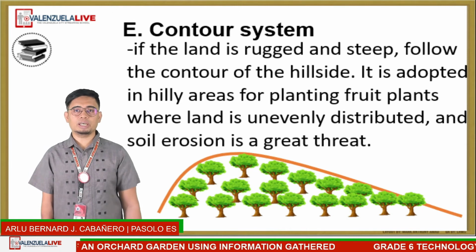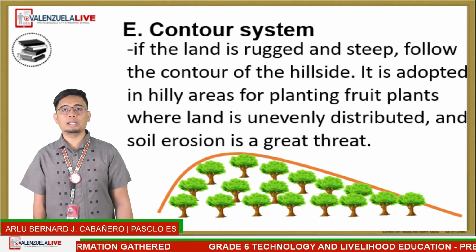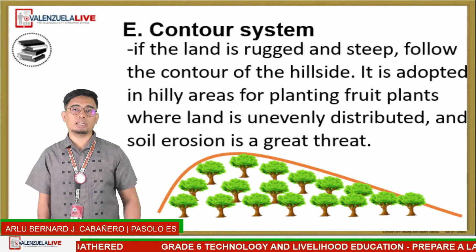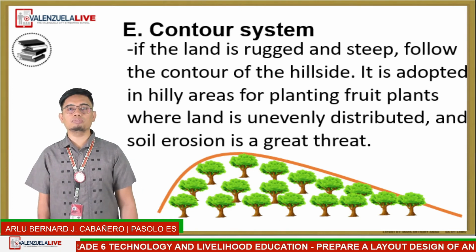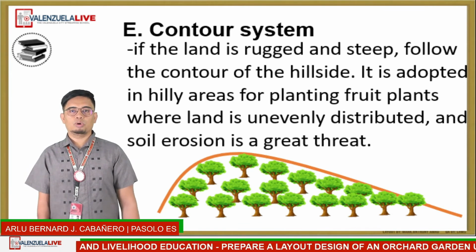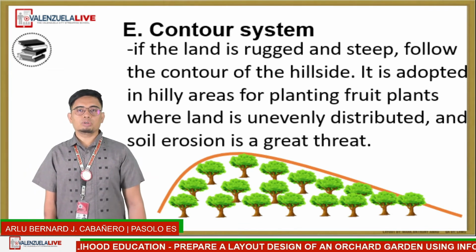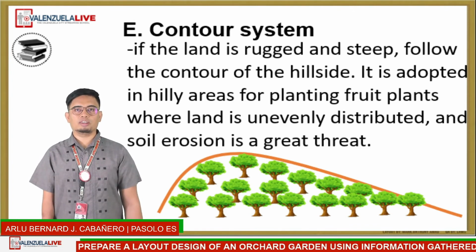The contour system helps prevent or reduce erosion and conserve moisture. The layout starts from the lowest level up, and the rows are planted along uniform slopes at the right angle to the slope with a view to reduce loss of topsoil due to erosion.